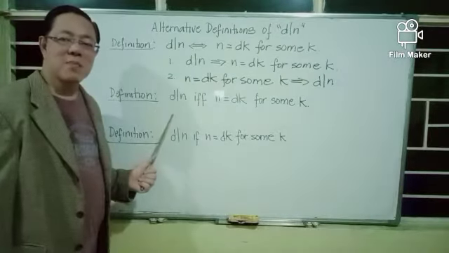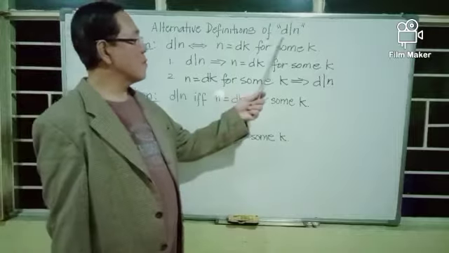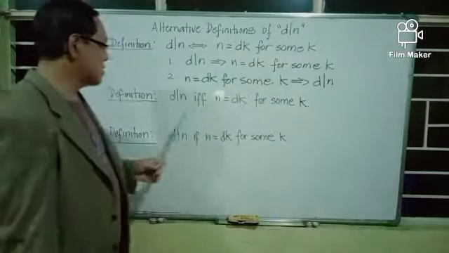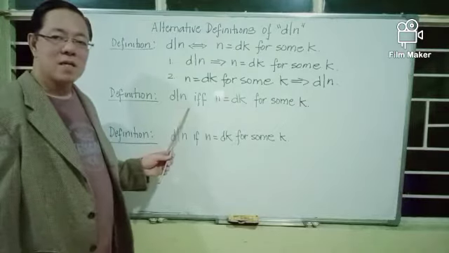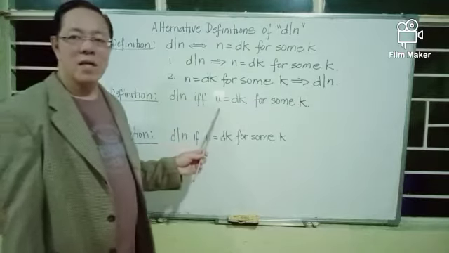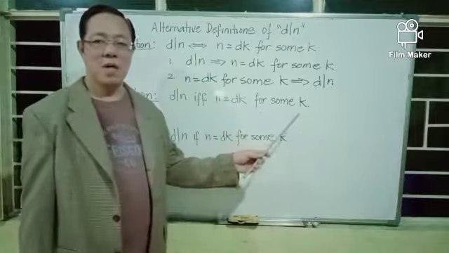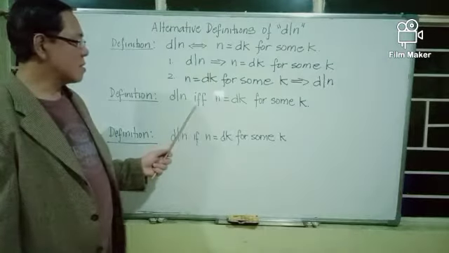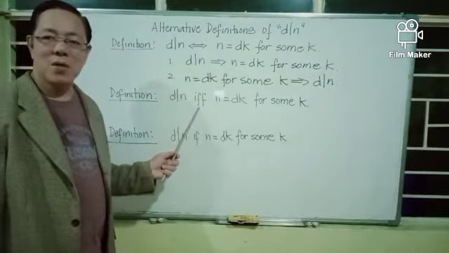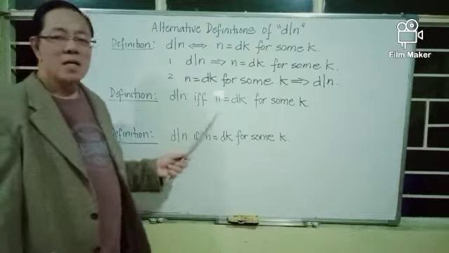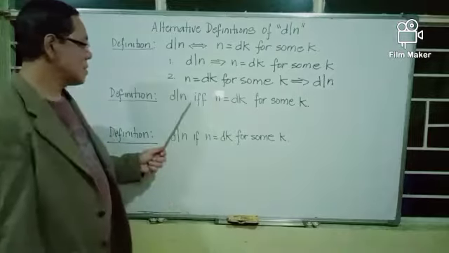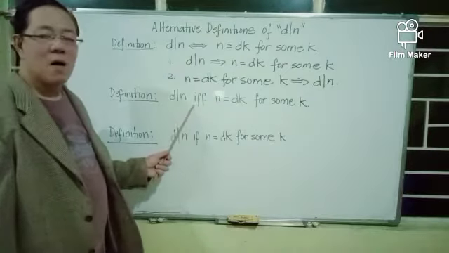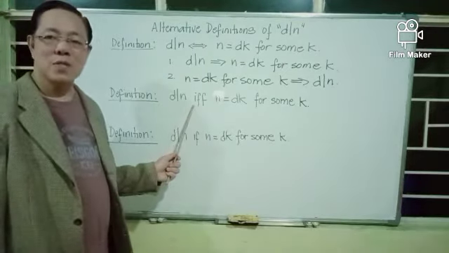The second alternative definition for d divides n is given by this definition: d divides n if and only if n equals bk for some k. Now this, as you have taken in your course in mathematical logic, is a biconditional statement, which is also equivalent to two statements.